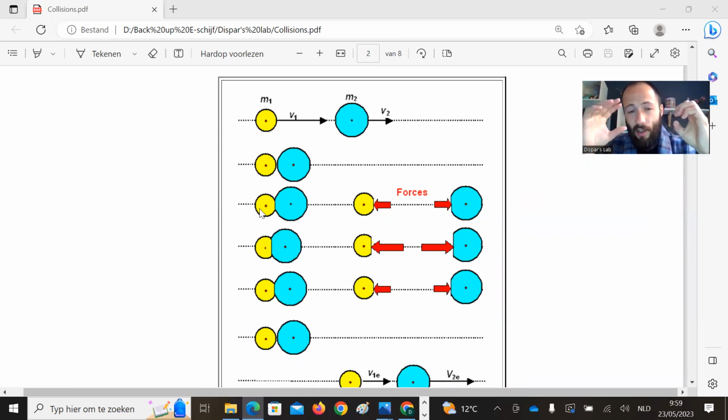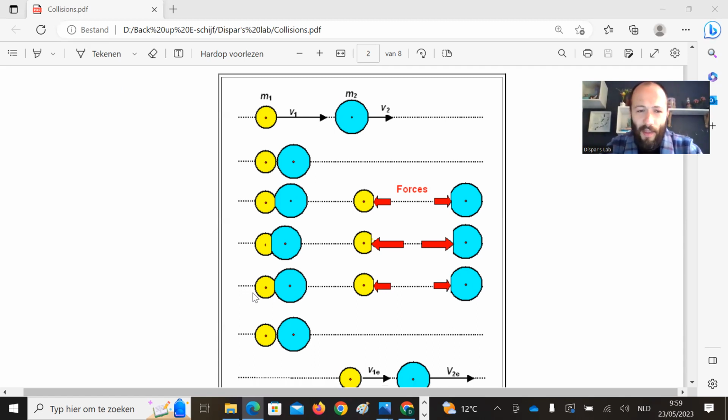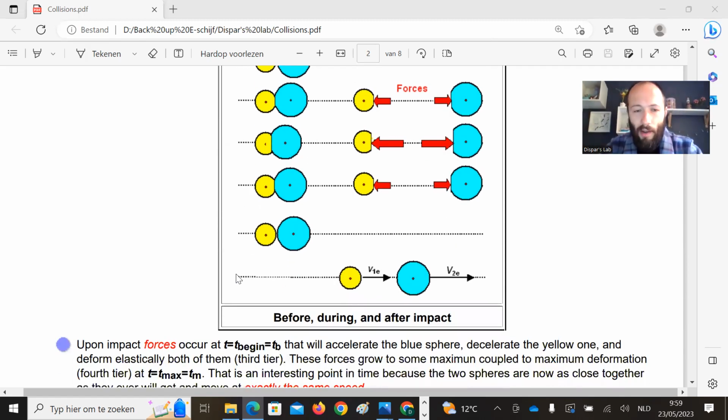Since the yellow sphere is pushing into the blue sphere, that's a force, and vice versa: there's force coming from the blue sphere pressing into the yellow sphere. Then compression continues until it reaches a maximum compression point. Then the reflection phase, or decompression phase, happens, and they go in opposite directions, but the velocities, of course, will be different.